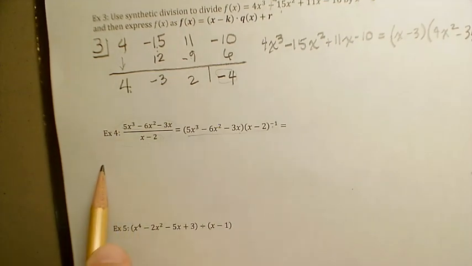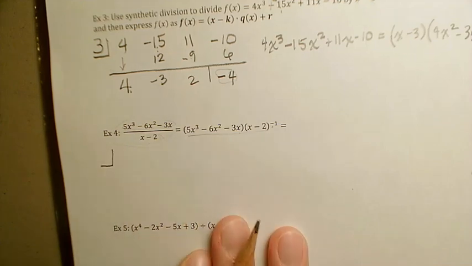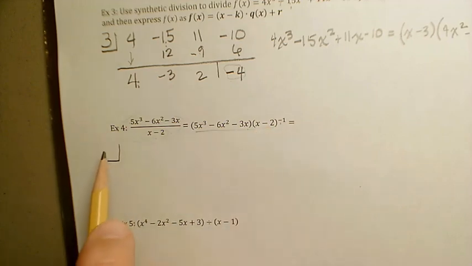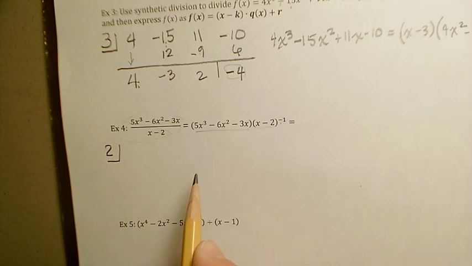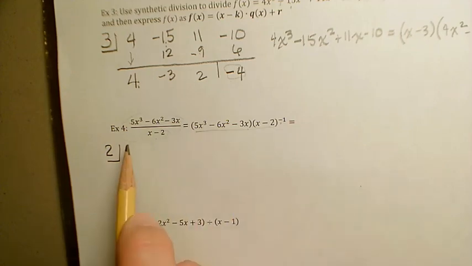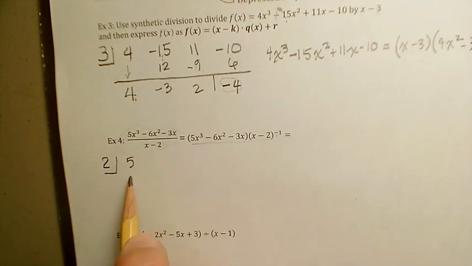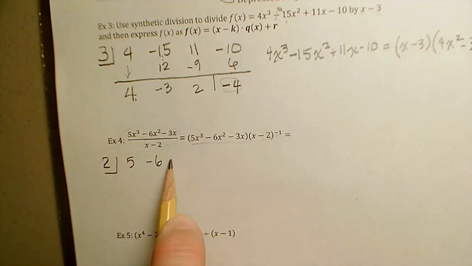All right, so let's set that up. I'm going to make a box. What goes in that box? +2. And then put in the numbers next to this. Let's see what you do. All right, so we have a 5 for the 5x cubed, minus a 6 for the x squared, minus 3 for the 3x.